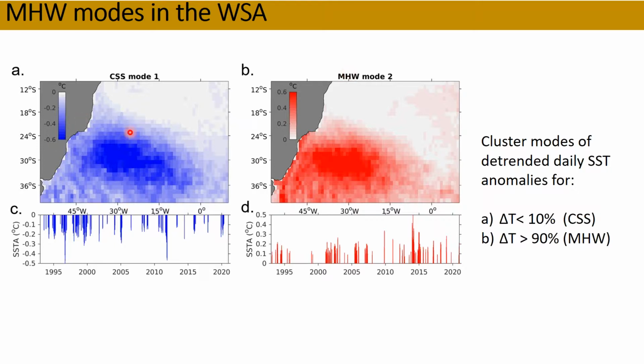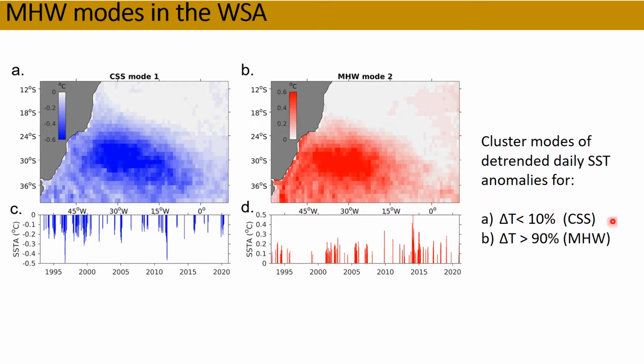We want to focus on this region, which is the domain where the propagating mode of sea surface height is most intense. Here we define these modes, and we define the daily events of these modes as the time series at the bottom.